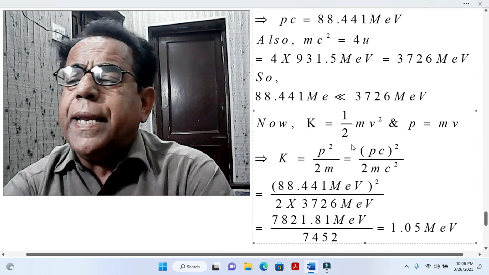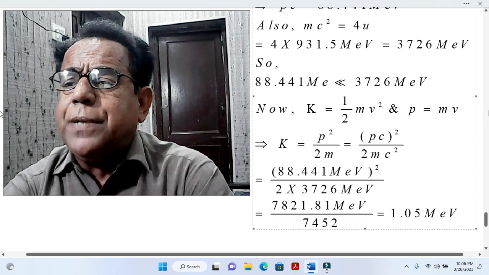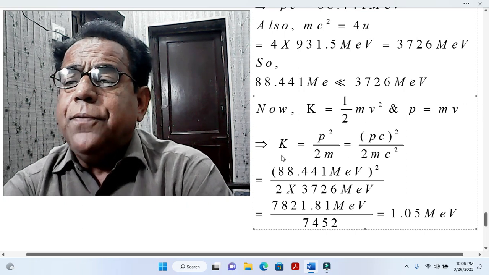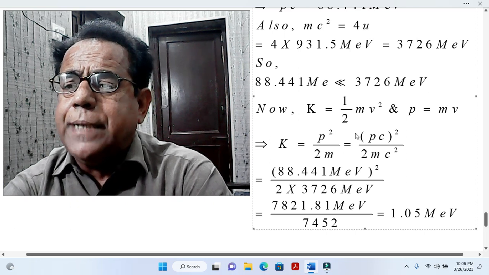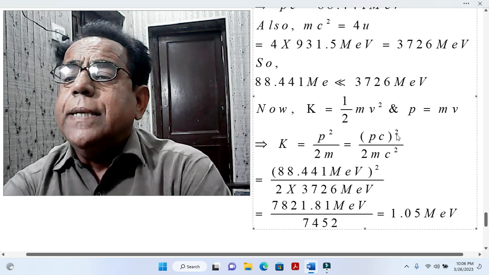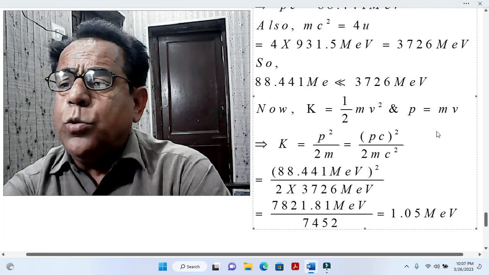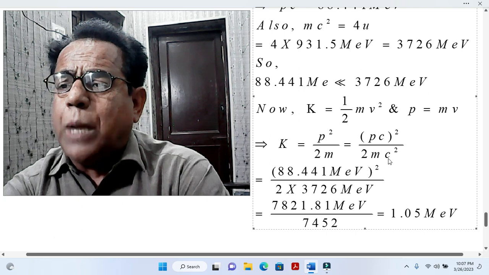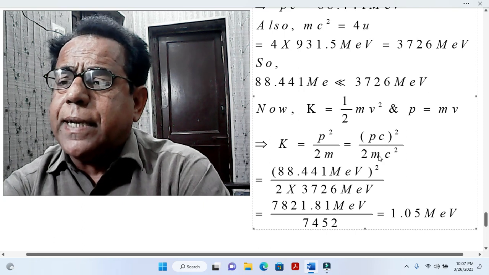Now again the same process as in part B. These two equations have been simultaneously solved, and the value of K has become equal to this. In the next step we have multiplied and divided by c square, and hence in the numerator we have (PC) whole square, and in the denominator 2 MC square. Now the value of PC is available, the value of MC square is also available.